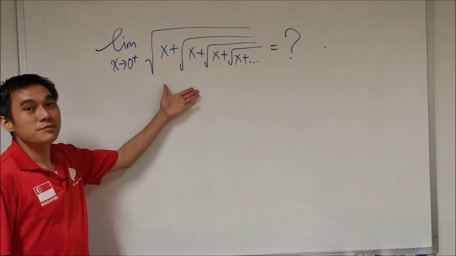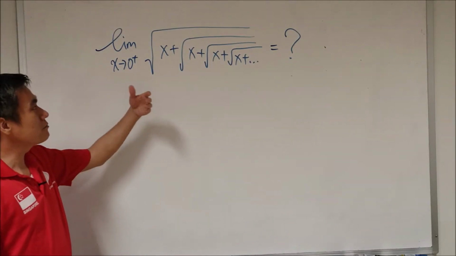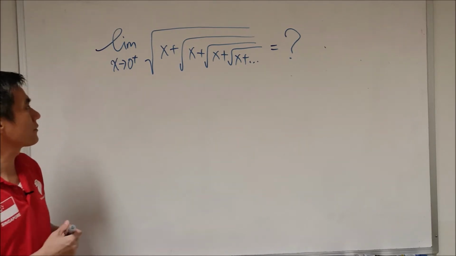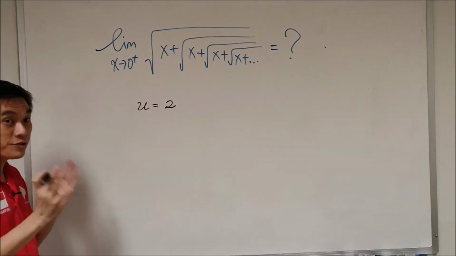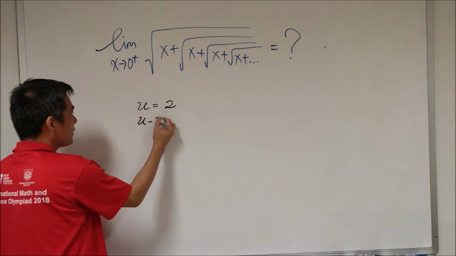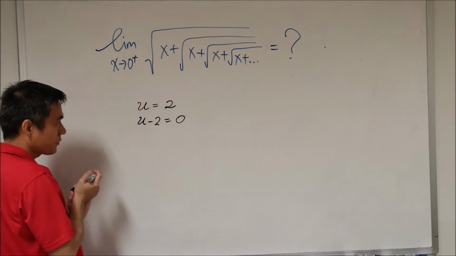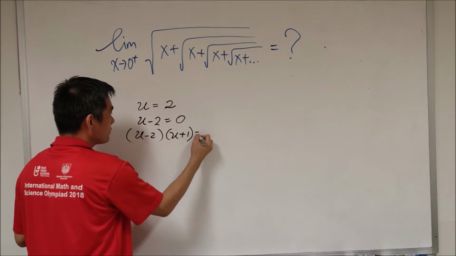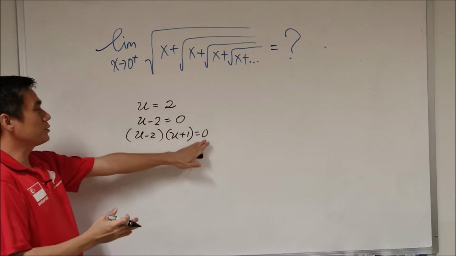Before we consider this limit, let's look at some nested radicals that produce nice solutions. For example, if u equals 2, we say that u minus 2 equals 0. Then if you multiply with u plus 1, it is still equal to 0.